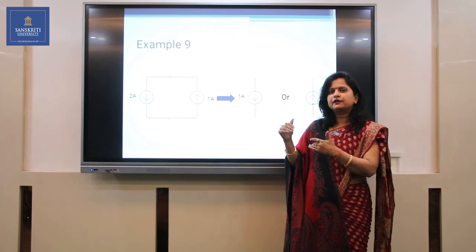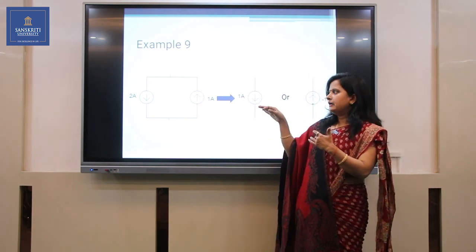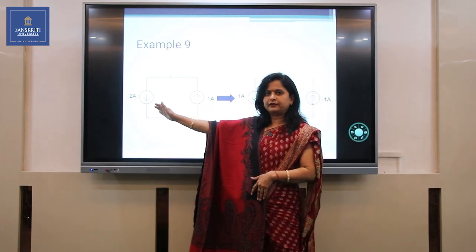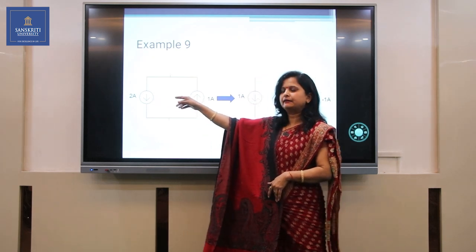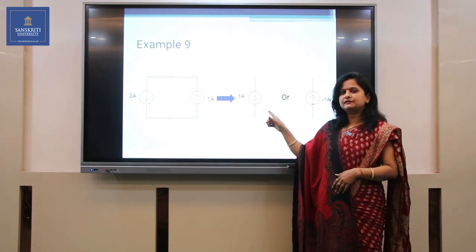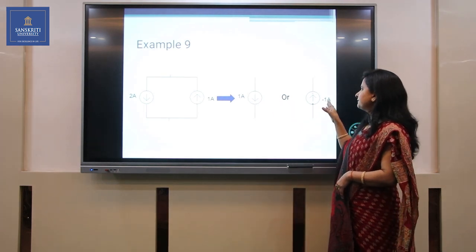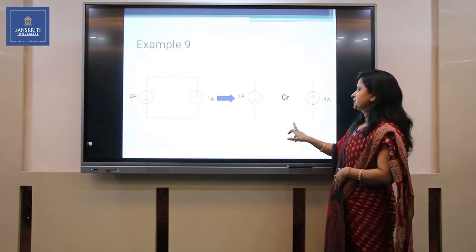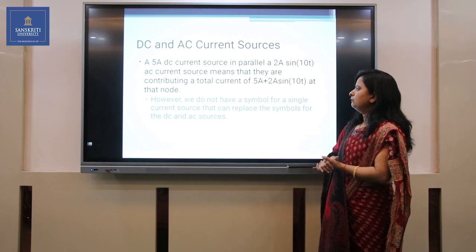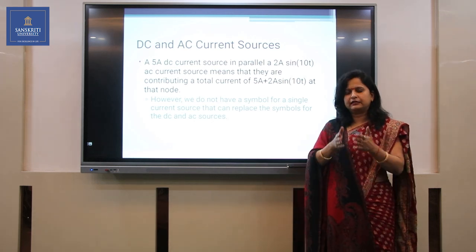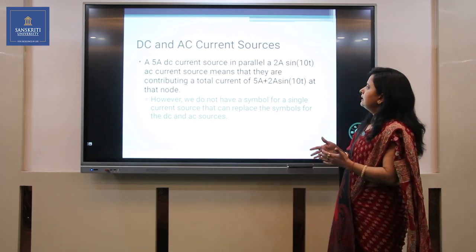So the direction of the resultant will be that of the larger one, like the 2 ampere direction, that is downward. Similarly, it can be represented as minus 1 ampere in upward direction. So this is how we can add our current sources which are connected in parallel.